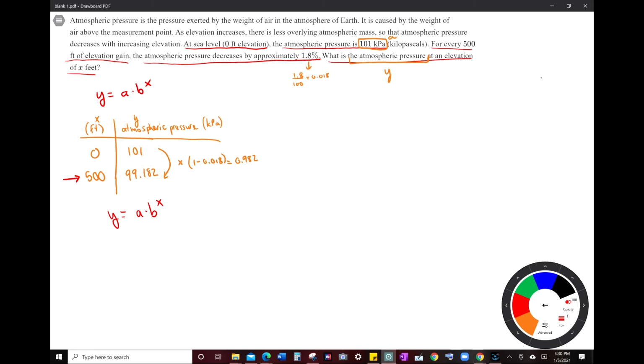So my y will be 99.182, equals a, the initial value, which is 101, times b, which I don't know yet, raised to x, which will be 500. Then I divide both sides by 101. So 99.182 divided by 101 gives me 0.982 equals b to the 500.